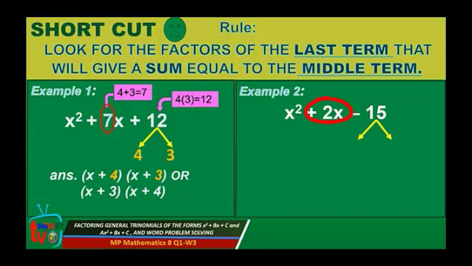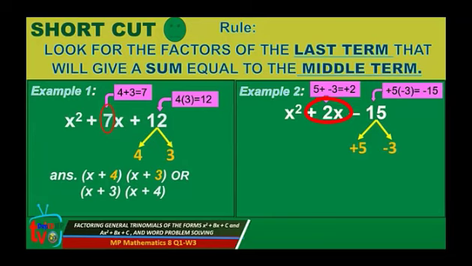What do you think is the best pair of factors? It is 5 and negative 3 because 5 times negative 3 is equal to negative 15. And when we add 5 and negative 3, it is equal to positive 2, which is the middle term.